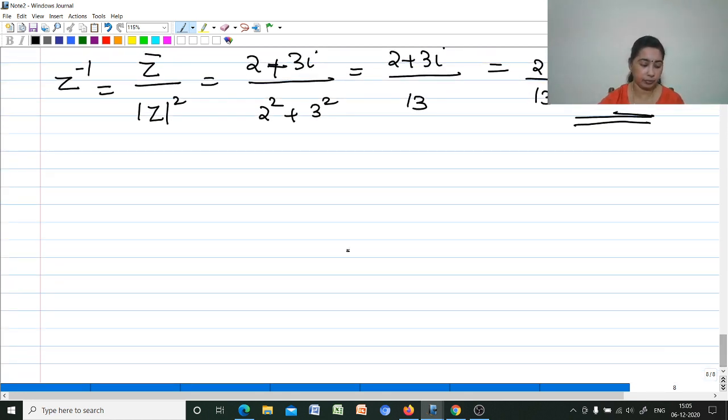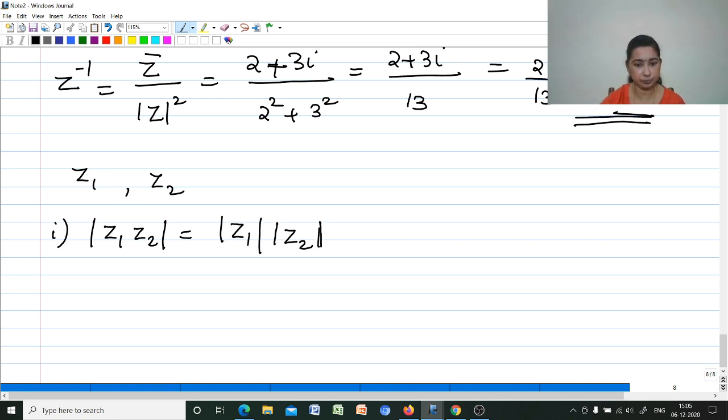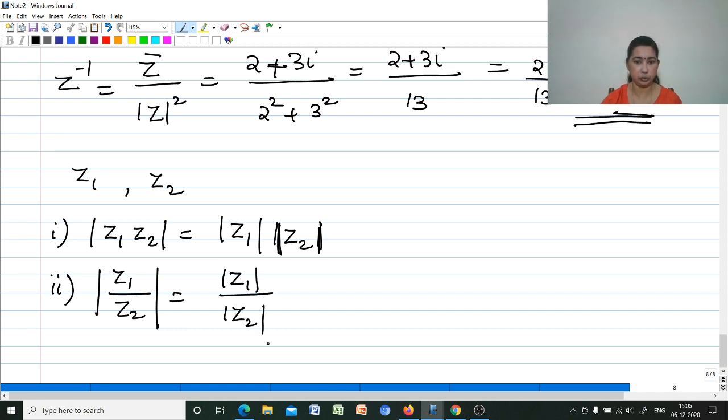Now for any two complex numbers z1 and z2, modulus of z1 into z2 is the same as mod z1 into mod z2. In the same way, mod of z1 divided by z2 is the same as mod z1 divided by mod z2.